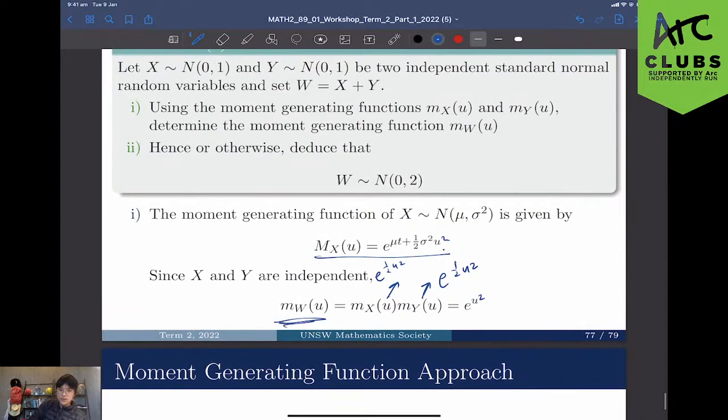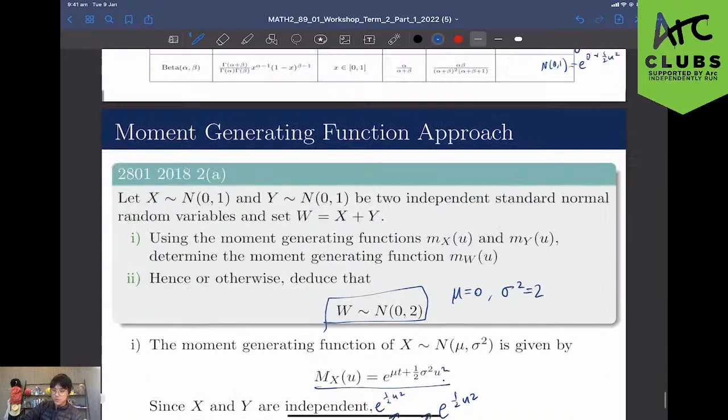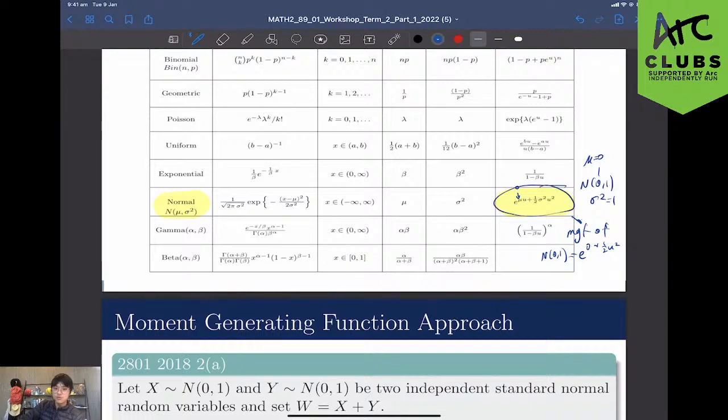And we can find that the moment generating function of x plus y is equal to the product of the moment generating functions of x and y. And then the second part is just to deduce that w has this distribution where 0 is the mean and 2 is the variance. The way we're going to do that is sub the values, mean 0 and variance 2, into this formula.